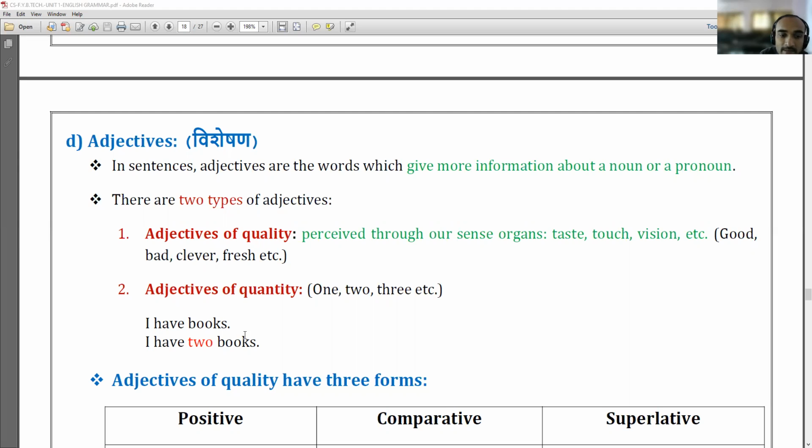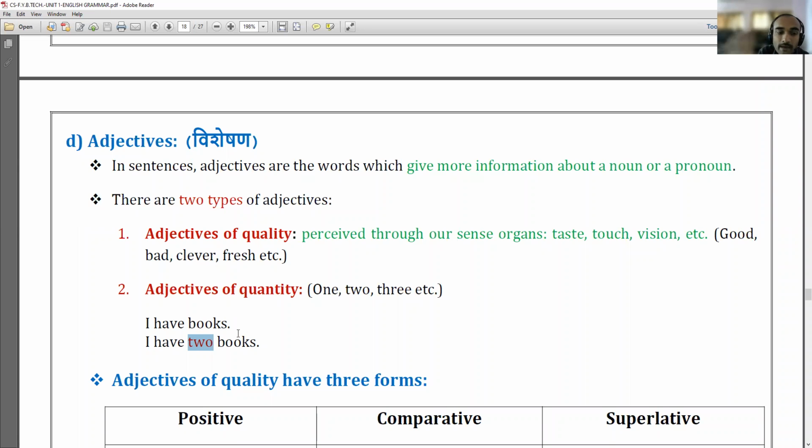पहिल्या एक्झाम्पल मध्ये ऍडजेक्टिव्ह ऑफ क्वांटिटी हे मिस होतंय किंवा तिथं नाहीये. ओके, इन द सेकंड एक्झाम्पल वी कॅन सी दॅट आय हॅव 2 बुक्स, माझ्याकडे 2 पुस्तकं आहेत. ओके, सो हियर 2 इज द वर्ड विच शोज द क्वांटिटी. ओके, इथं या वाक्यामध्ये 2 हा जो वर्ड आहे तो क्वांटिटी दर्शवतो, त्यामुळे त्याला म्हणतात ऍडजेक्टिव्ह ऑफ क्वांटिटी.